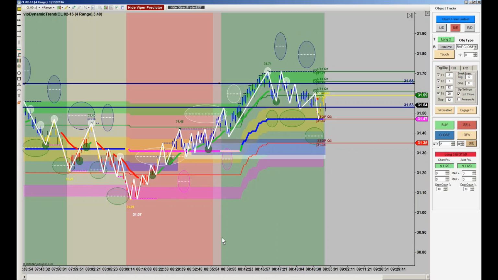So we'll get out of one of those, or 2 of those if that bar closes down. And then we'll ride our runner. And if it stops us out, it stops us out.